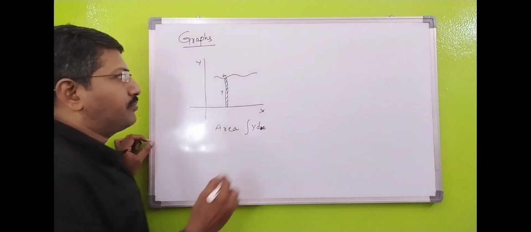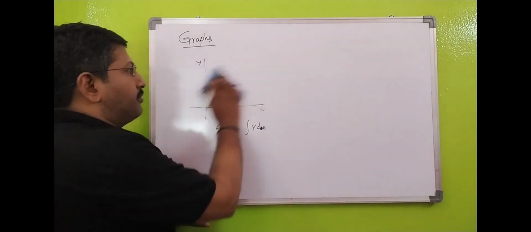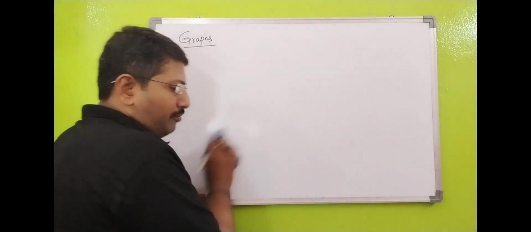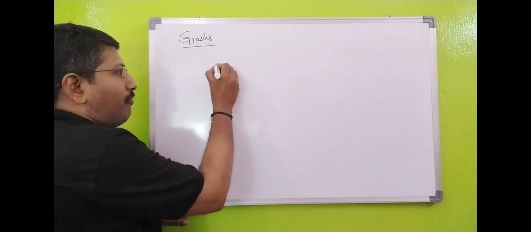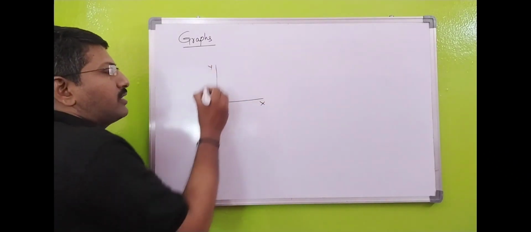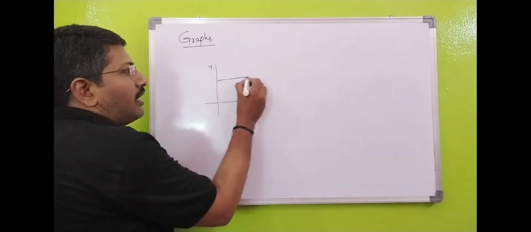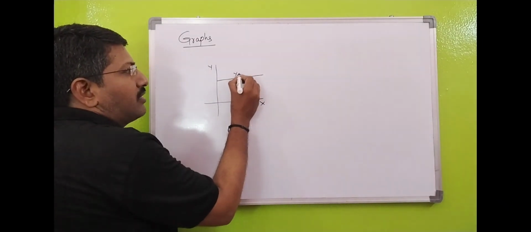Next, if you observe very carefully, if I take a graph on the x-axis and y-axis, if y is constant, the nature of the graph is like this.